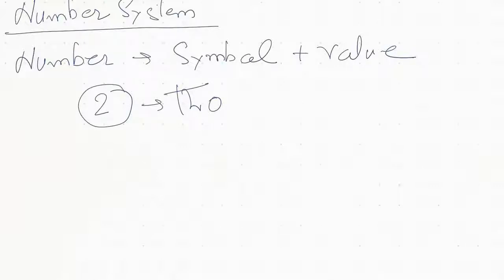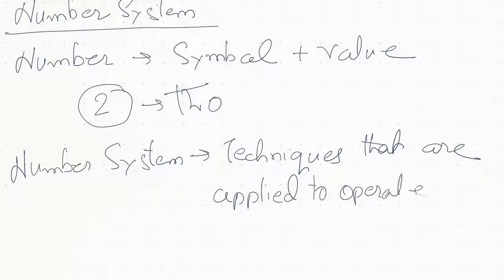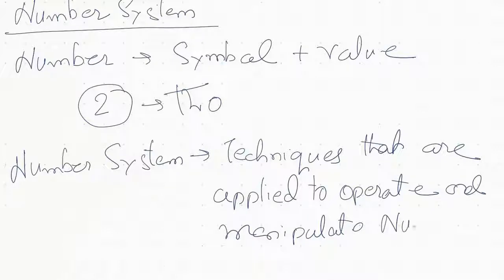So now what is a number system? A number system is nothing but the techniques that are applied to operate and manipulate numbers in computers.